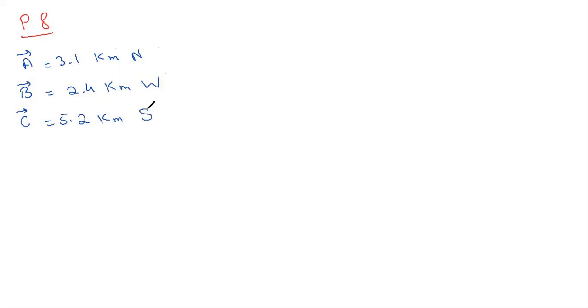First of all, we have to turn these descriptive statements into a mathematical equation. But to do this, we have to draw an equivalent Cartesian system of these directions. As we have seen in the class, this is east, this is west, this is north, and this is south. Using the terminology of unit vectors, this is positive i, this is minus i, this is plus j, and this is minus j.